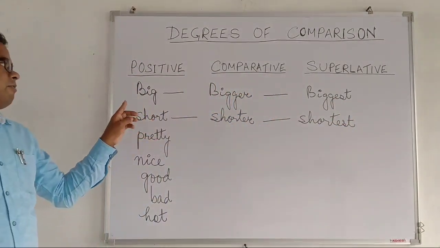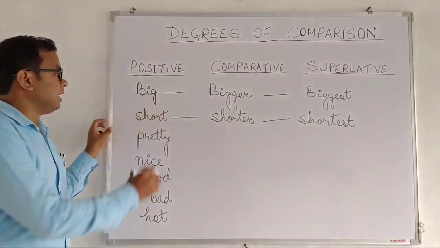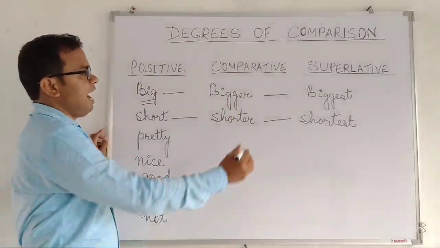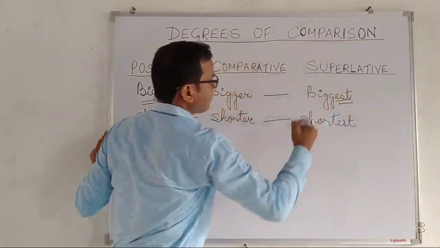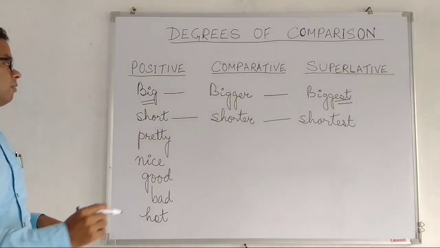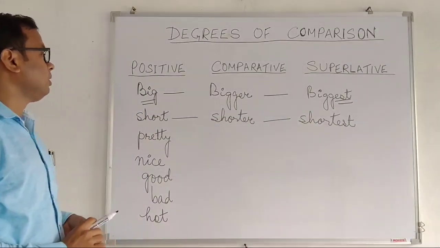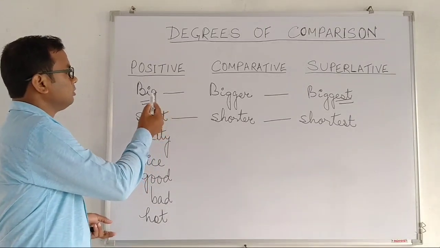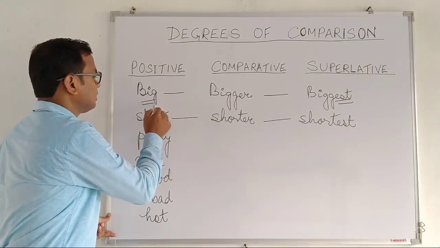So like this, if we add er with the adjective, it becomes comparative degree, and when we add est with the adjective, then it becomes superlative degree. In case of some short adjectives like big, hot, we need to double the last letter.